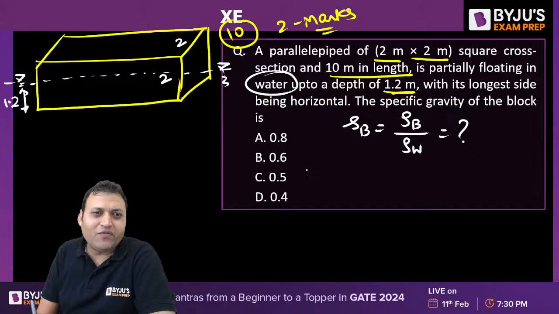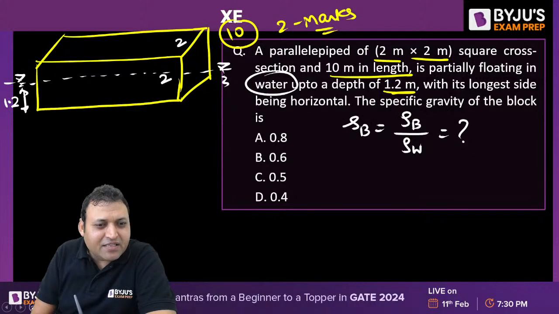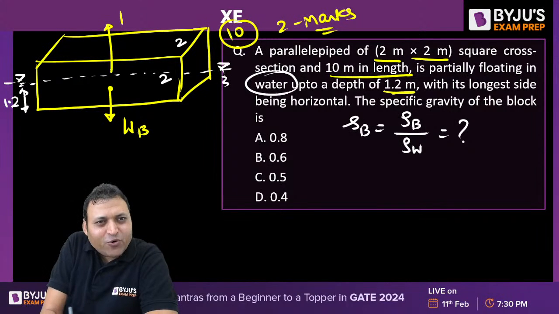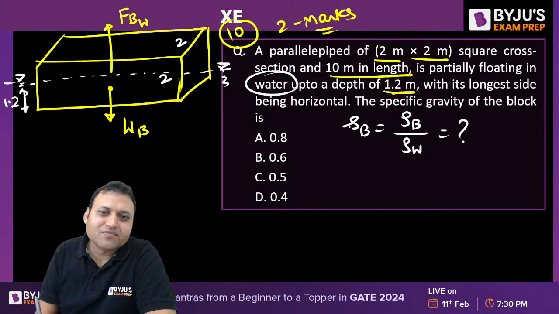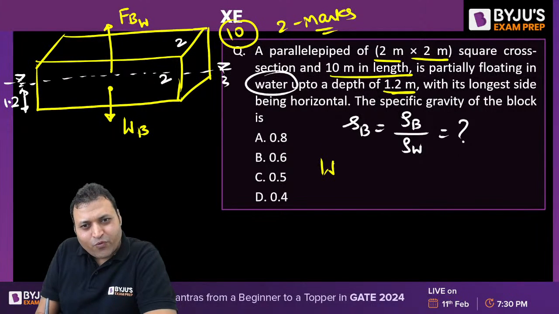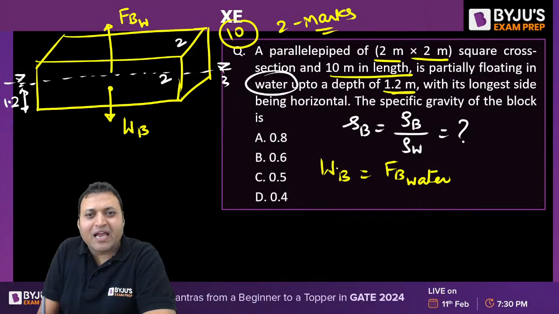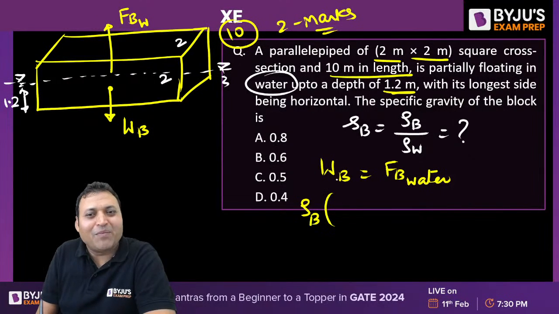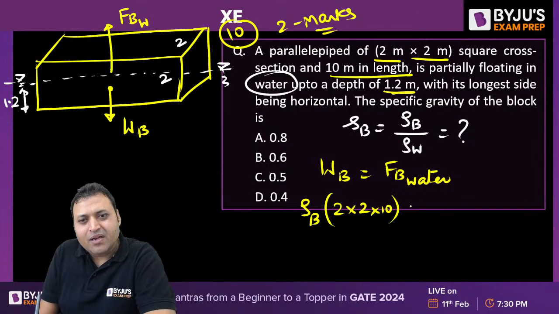Can you solve it? Because the parallelepiped is in vertical equilibrium, the weight of the body must be equal to the buoyant force exerted by water. The weight of the body is the density of the body times the total volume, 2 into 2 into 10, into g.